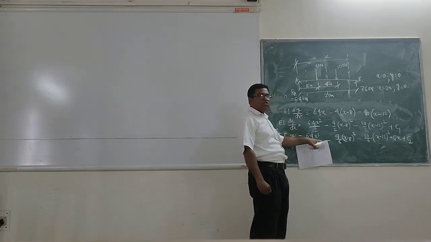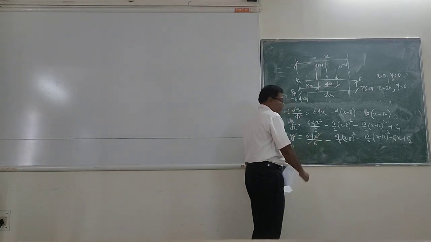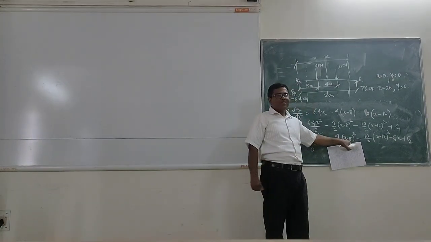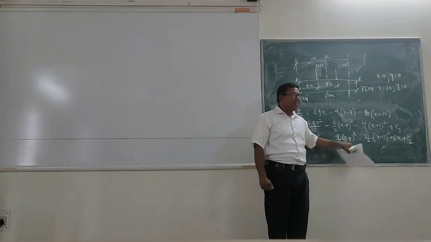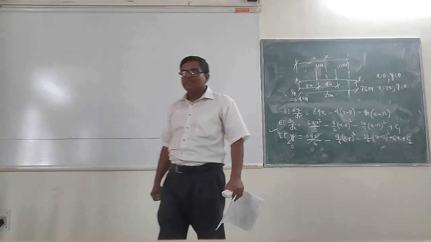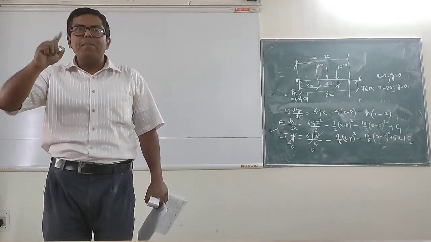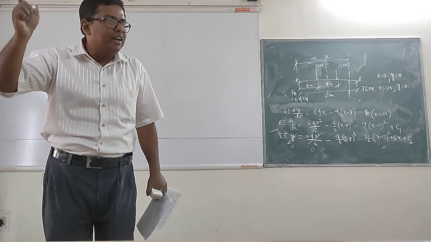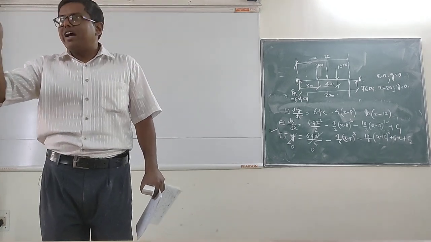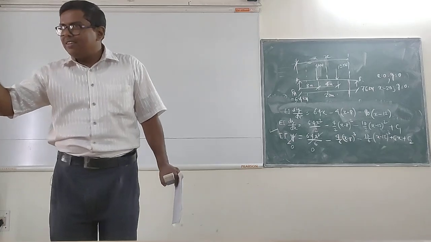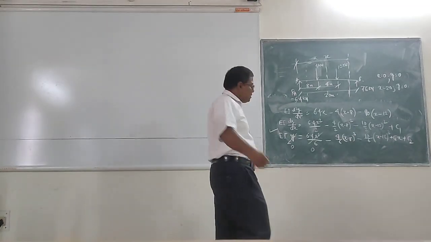If I put x equal to 0, this term becomes 0. The x minus 8 term becomes 0 minus 8, negative, and negative means 0. Have you understood? Now it is clear. Are you clear on this?